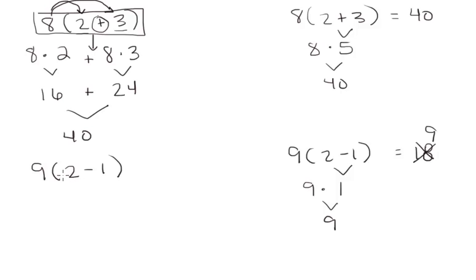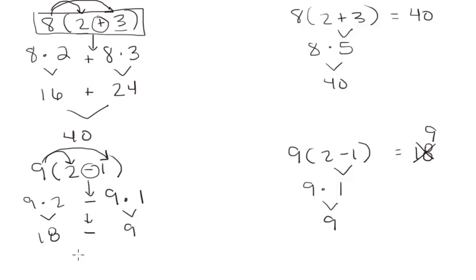Now let's try this by distributing. I distribute 9 times 2 minus 9 times 1. 9 times 2 is 18. 9 times 1 is 9. 18 minus 9 is 9.